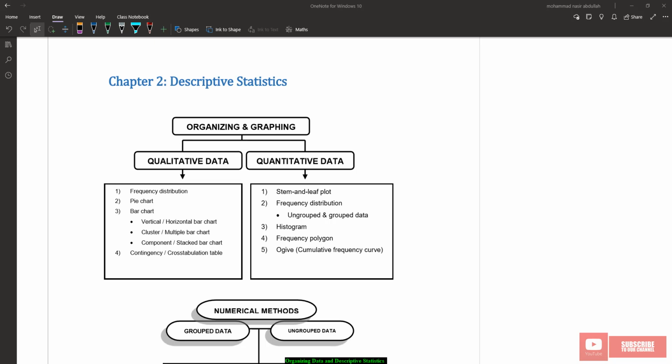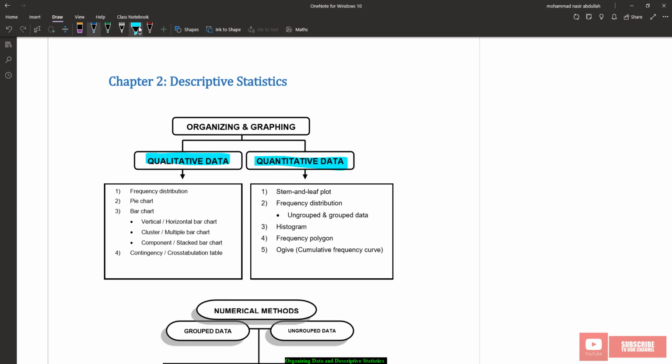So as we have learned in the previous chapter, chapter number 1, introduction to statistics, we already know there are two types of variable, right? One is a qualitative variable, another one is a quantitative variable.